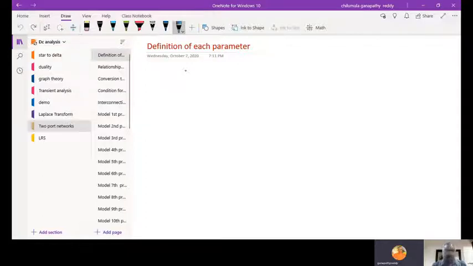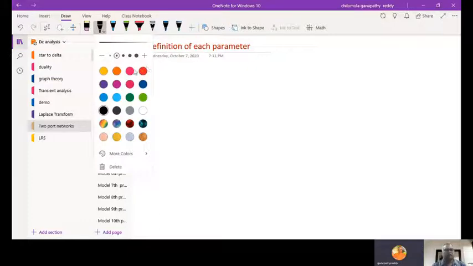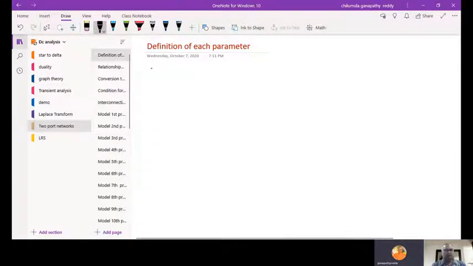Okay, today's class is two-port networks. Two-port network. So basically, port means two-terminal pair.